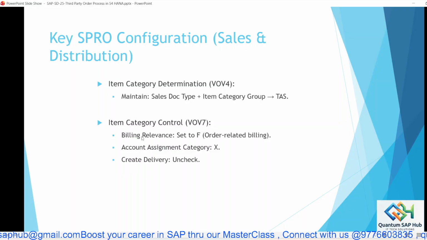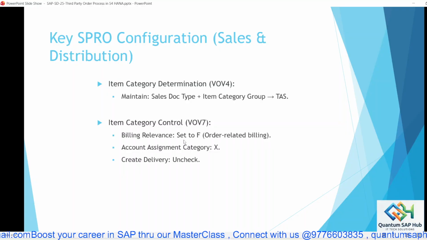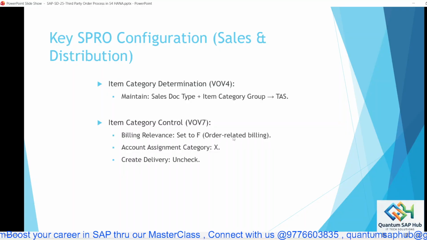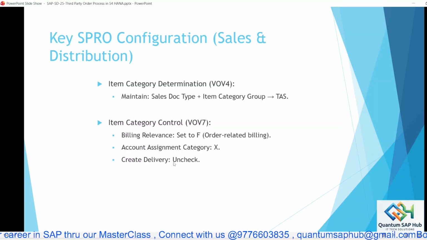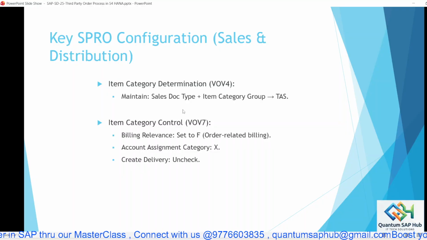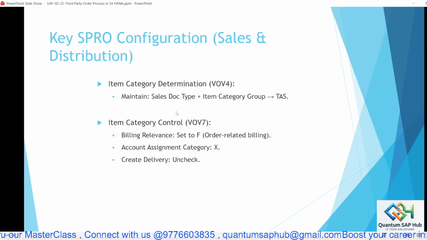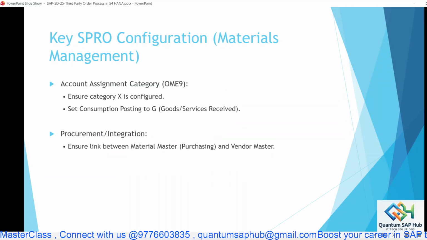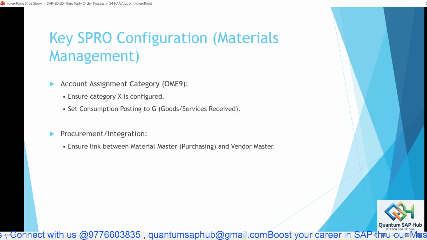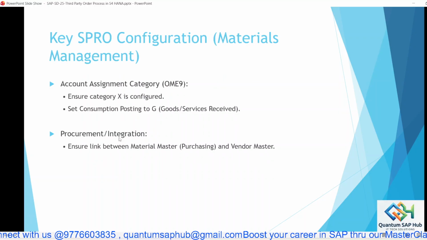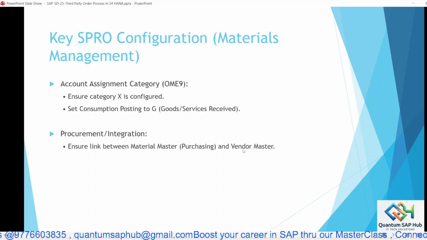Here the billing relevance is set to F, order-related billing, account assignment category is set, and delivery is unchecked. I'm not going to create a delivery here. Here you have to check the account assignment category, and procurement integration also has to be created, along with the material master and vendor master.